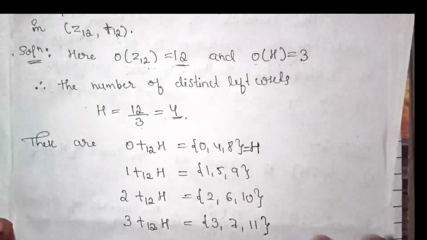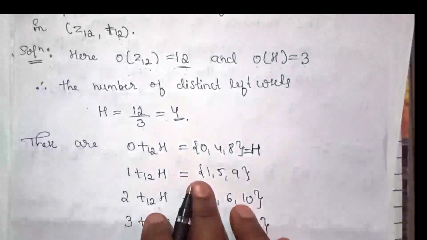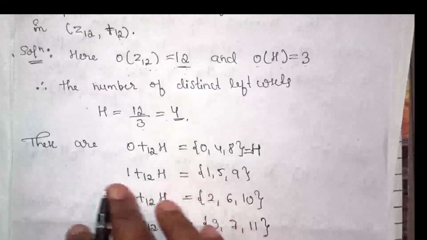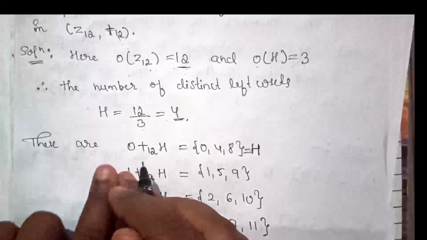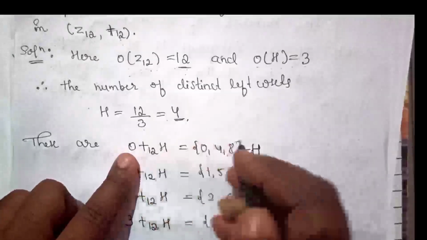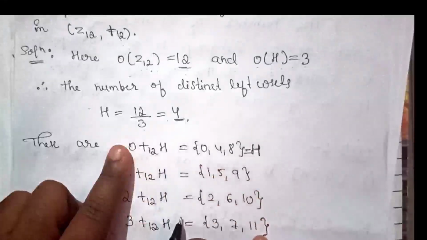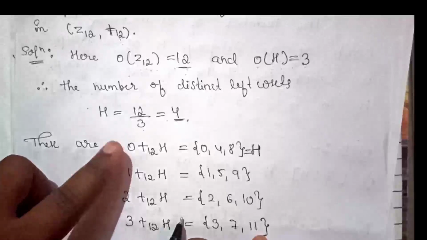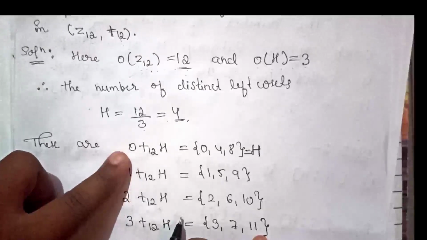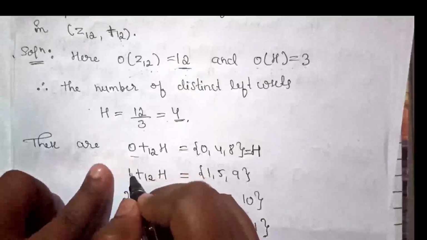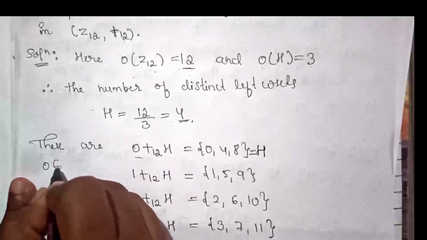Sorry, here they ask for left cosets, therefore we have to write left cosets, and those are: first we have to consider all the 12 elements. First I will consider 0, so we have to operate with 0. So let 0 belong to Z12.